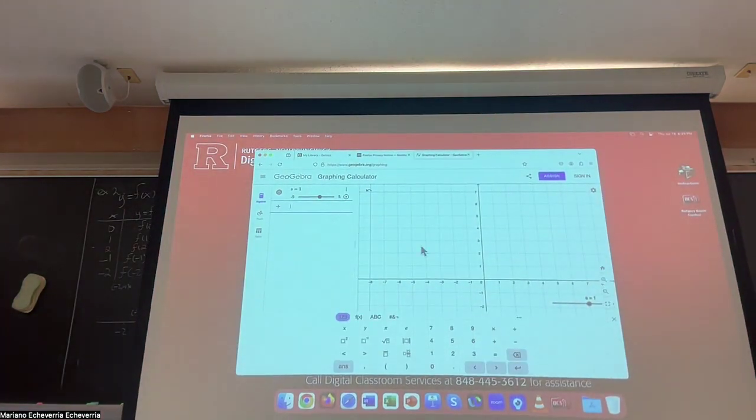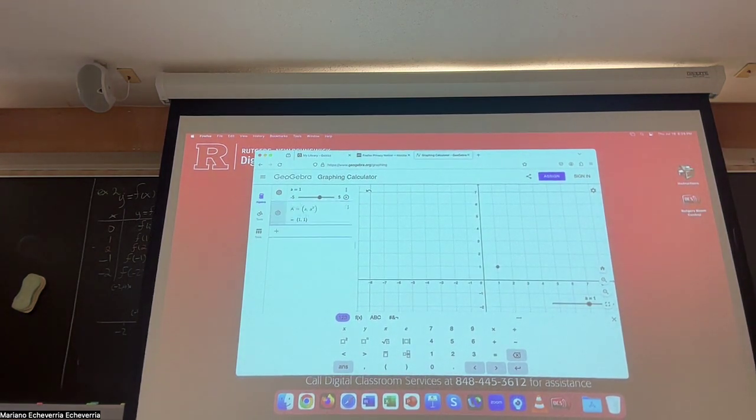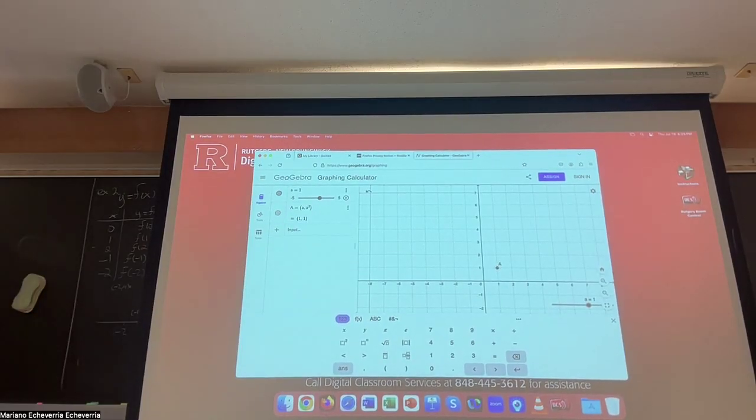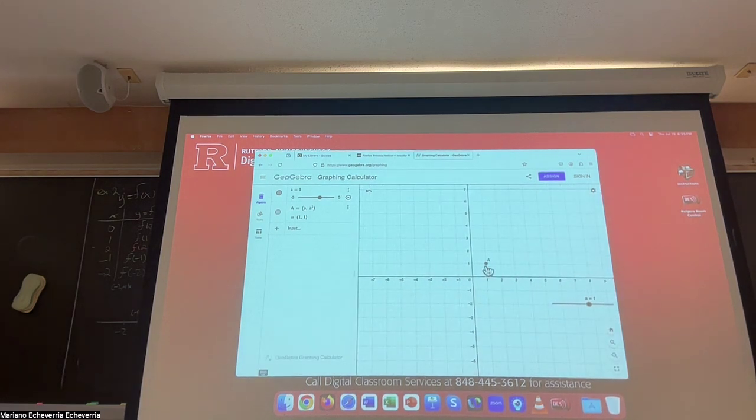So what I'll put is the point A comma A squared. That is 1, 1, and then what I have is this slider here. You see that is what I'm getting by choosing different values.